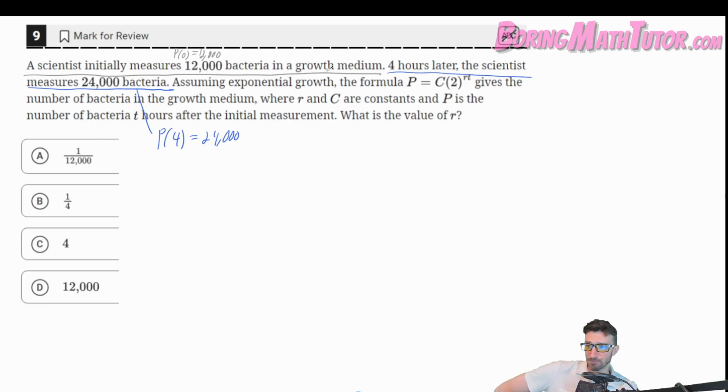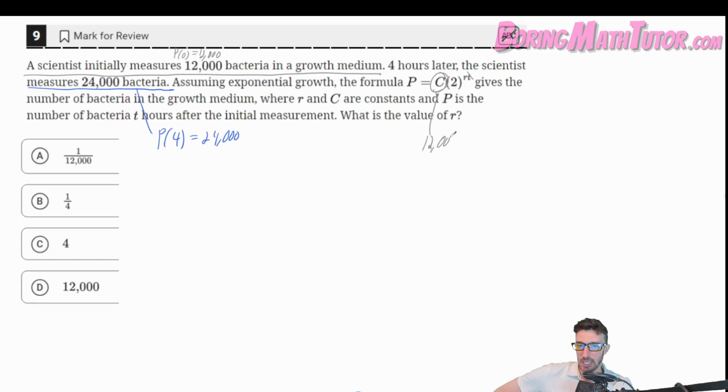Now, P of 0 equals 12,000 is actually going to get you this C right there, because if I plug in the 0 for the T, you find out that you can just use 12,000 right there.